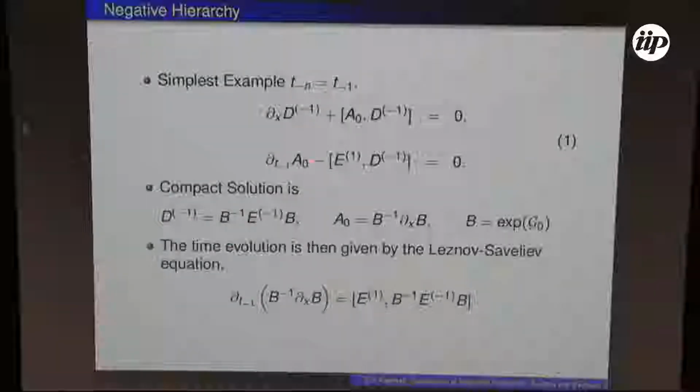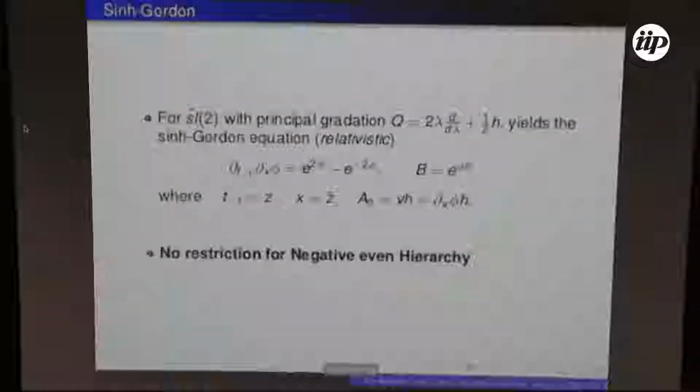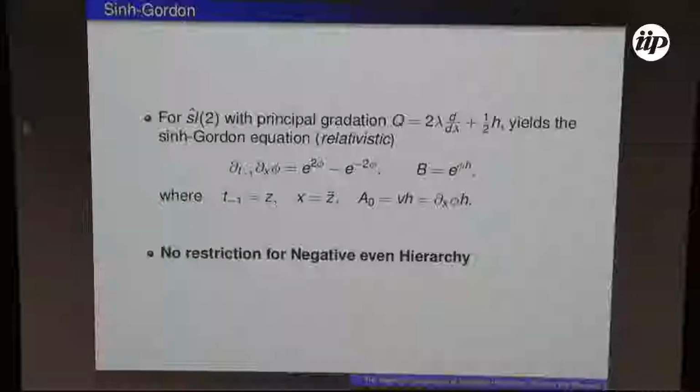And then if you plug these two ansatz into this equation, you get the equation of motion. This is known as the Lezner-Saveliev equation, or some people call it the Toda equation. This is the Toda equation if t_{-1} and x are interpreted as light cone components. In the case of our example, I have the SL2 example, in the principal gradation, what you get is the sine-Gordon equation.